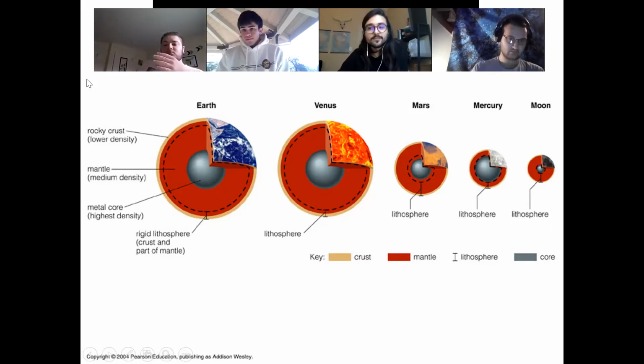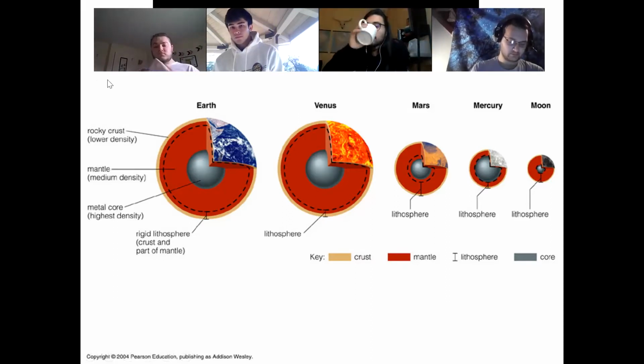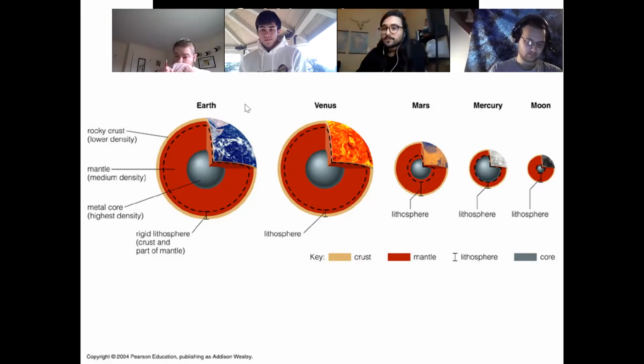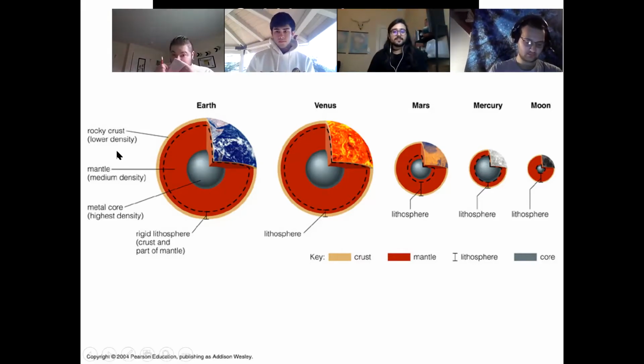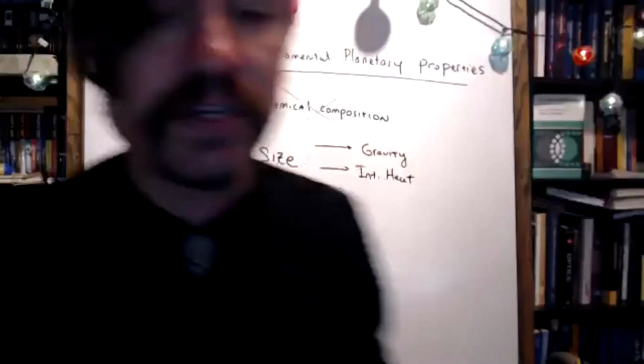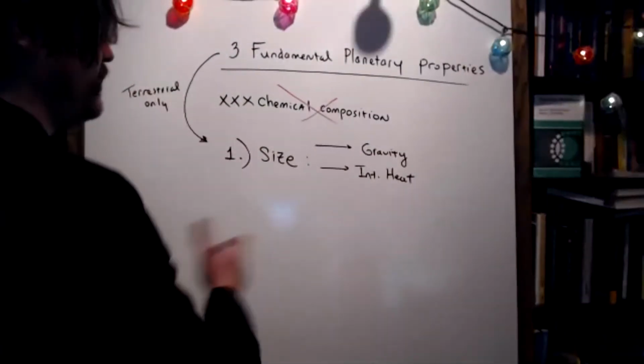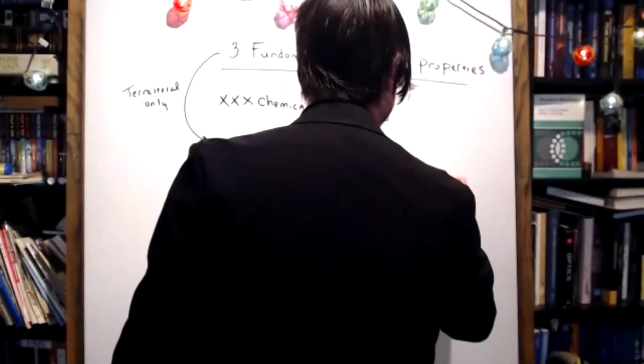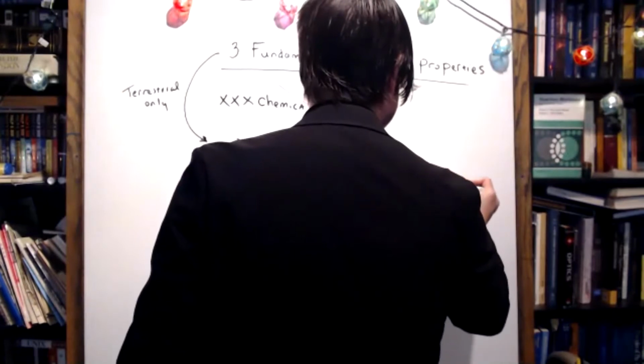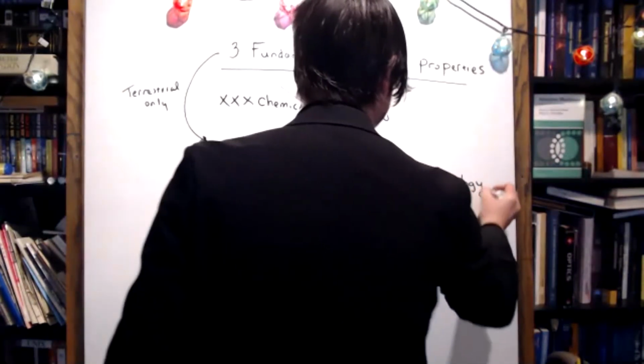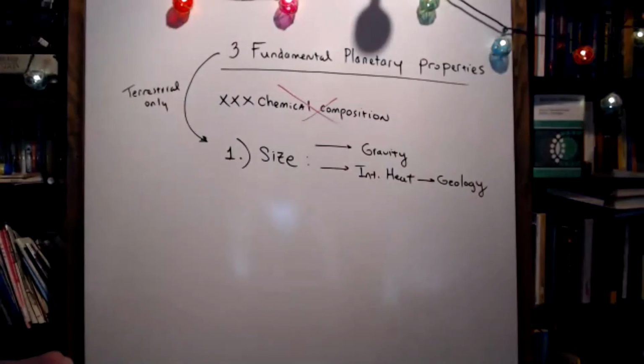It's not fun to play on Mercury. It's not fun to play on the moon. Well, maybe it's a little fun to play on the moon. I don't want to get too crazy here. Okay, fine. So the internal heat will, in its own way, determine the amount of geology that you have, right? Gravity will help you hold on to an atmosphere.